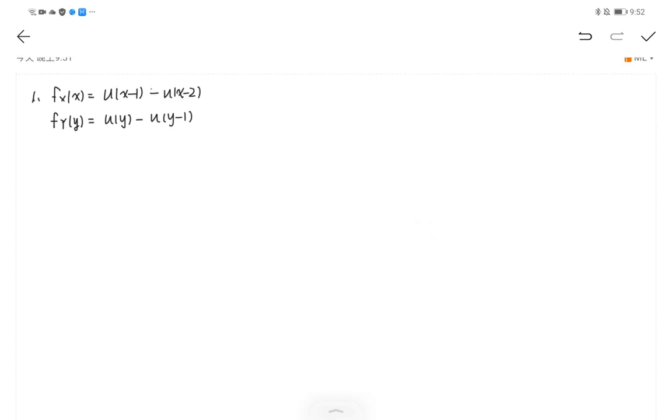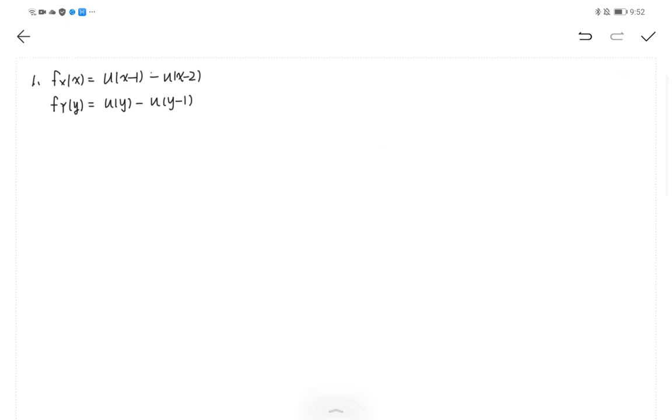And now we can calculate in two methods. In the first method, we use the convolution method.